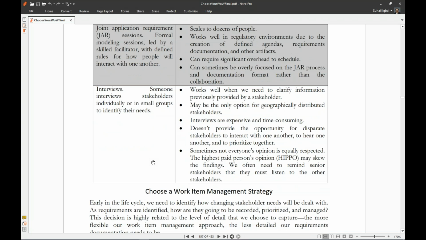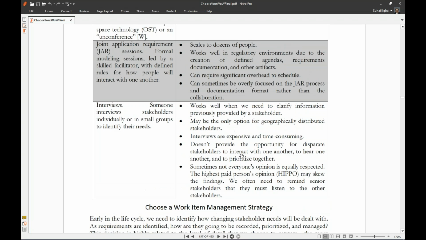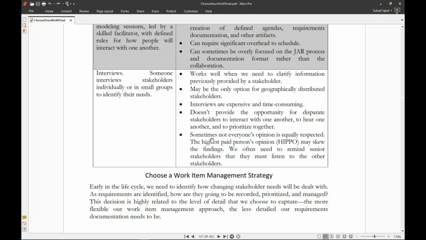Interviews: someone interviews stakeholders individually or in a small group to identify their needs. Works well when we need to clarify information previously provided by our stakeholder. Maybe the only option. Everyone's opinion is equally respected.